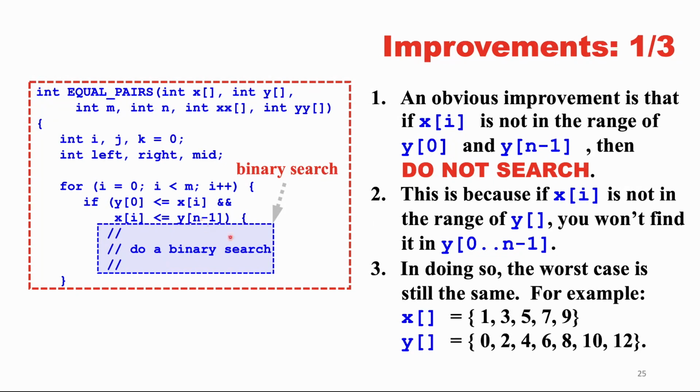But we did not improve the worst case. That's when you can never find any xi here. So for every iteration, 2 times log2 n comparisons are needed, multiplied by m.